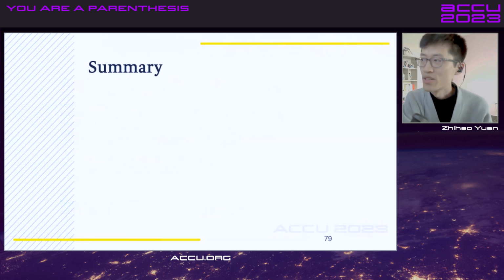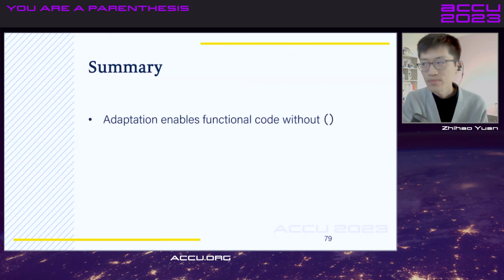So to summarize the talk, when we think of functional programming, we have been thinking in terms of functions. Right? We got first class functions, sometimes with a call operator. But in this talk, we see adaptation enables function calls without parentheses.